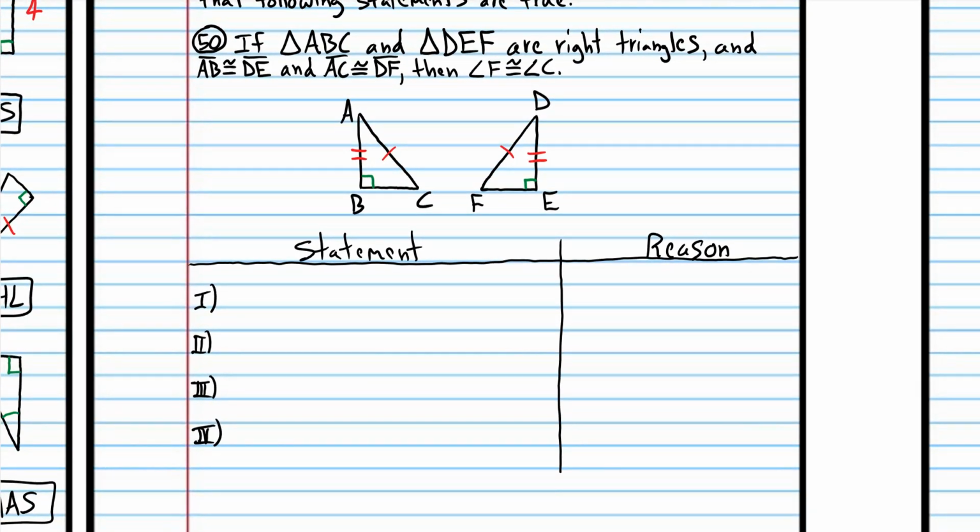So let's start out with the given information. Triangle ABC and triangle DEF are right triangles. And that's given. And AB is congruent to DE.